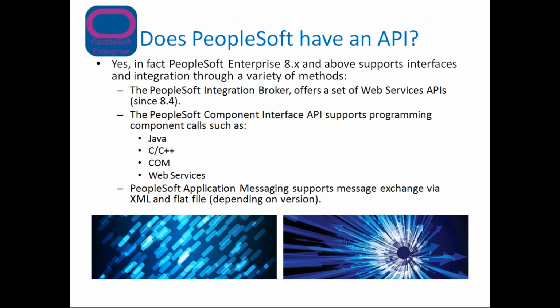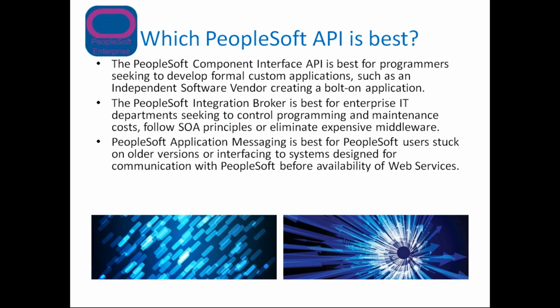So that's the scoop on PeopleSoft options. As far as what's best, the Component Interface API is going to be something more for programmers that are creating a bolt-on application. So if you're an independent software vendor, that might definitely be an approach to consider.